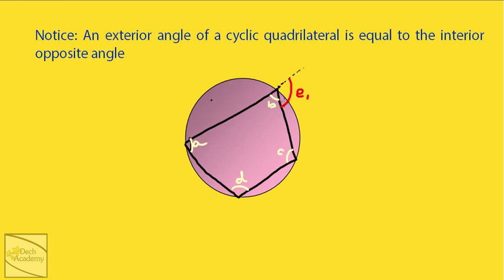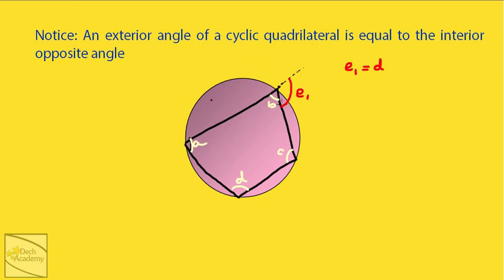If you have an exterior angle and you want to determine the interior opposite angle, just first find the adjacent interior angle, which is B here, and then find the interior angle that is opposite to that angle, which is D in this case. So what we know now is E1 is equal to D from this statement here.